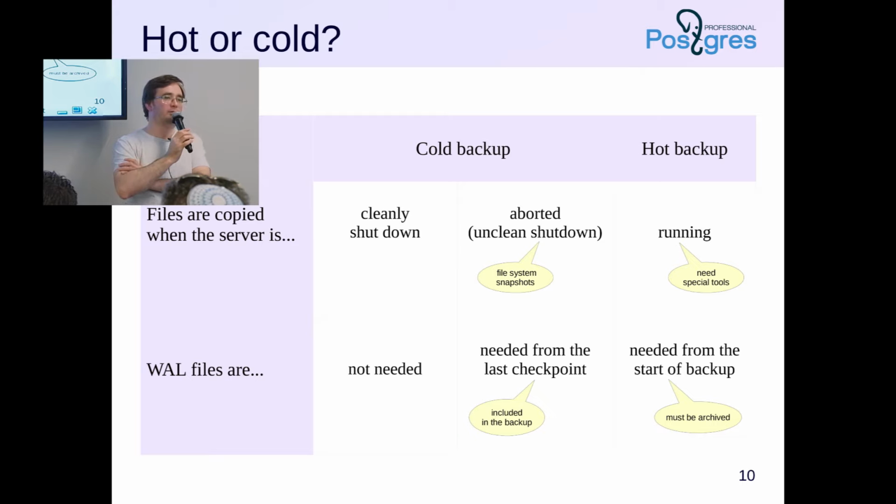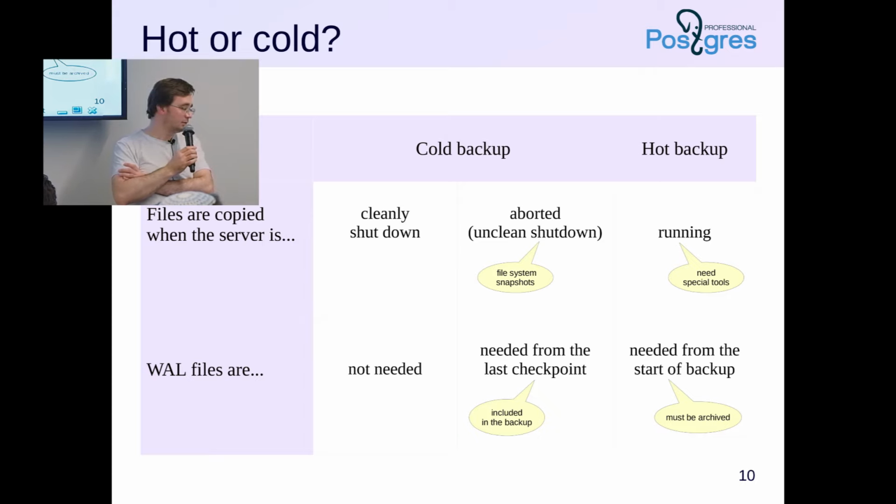The situation can appear when you use file systems which can make snapshots. For example, the ZFS file system can make snapshots, so you can make a snapshot and use it as your backup.